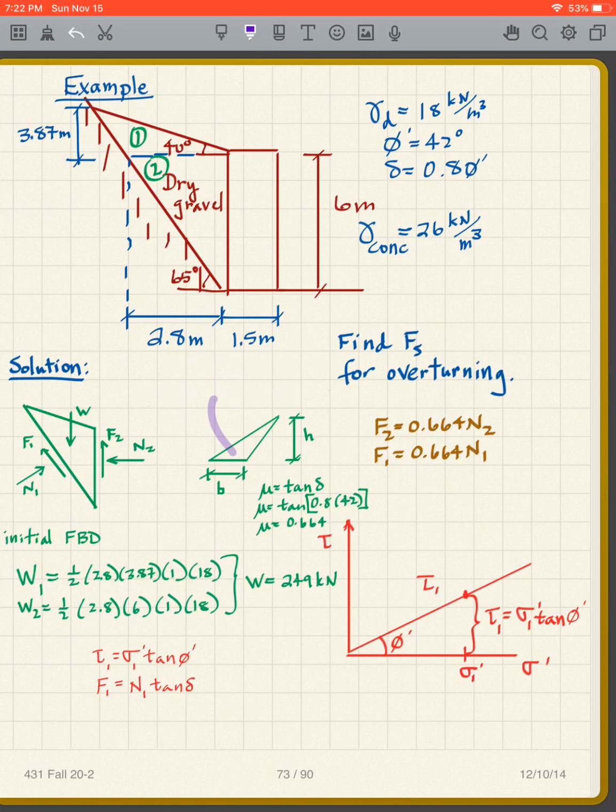So don't forget that, because what does that mean for this? This is not a right triangle. So I can use the knowledge of that to get my area. In other words, I can take this distance, that can be my B, and this distance here is my H. If I can get those two numbers from this geometry, then I can easily get the area of that triangle.